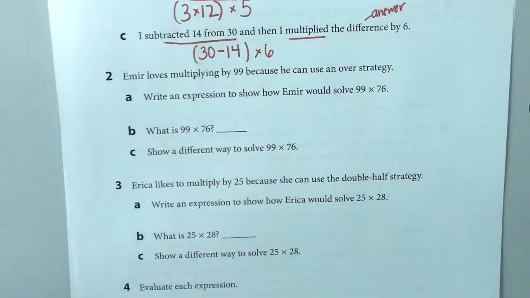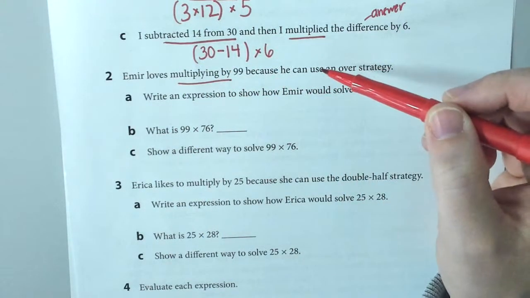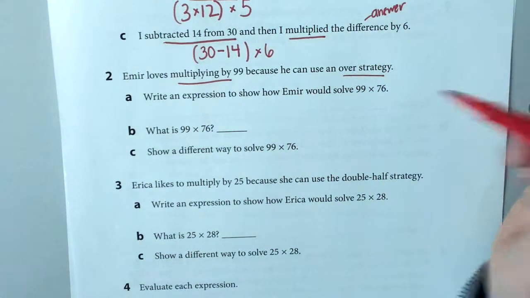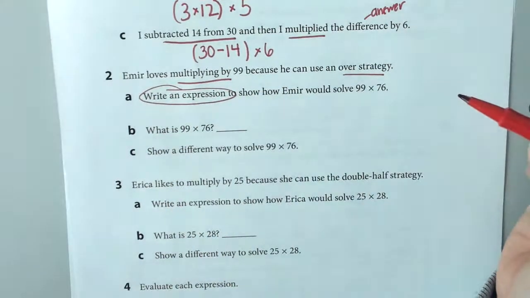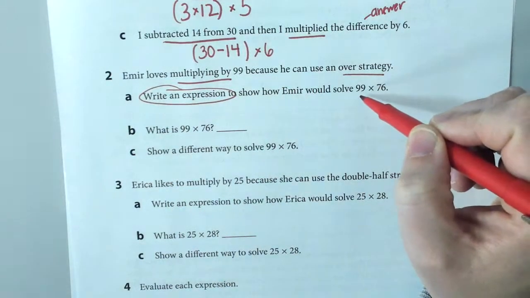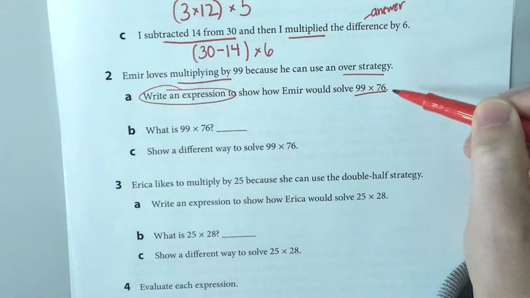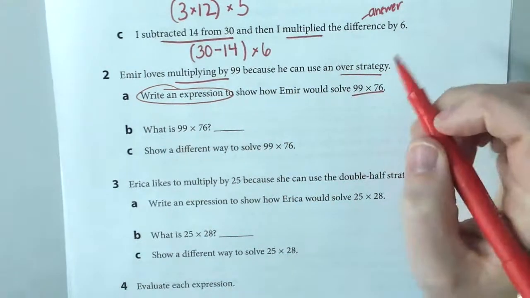Number 2, Emir loves multiplying by 99 because he can use the over strategy. Write an expression to show how Emir would solve 99 times 76. So we have to write our number sentence using that over strategy that he would love.